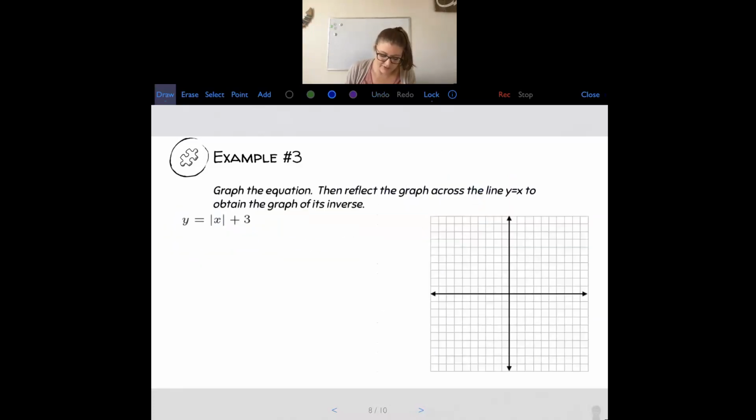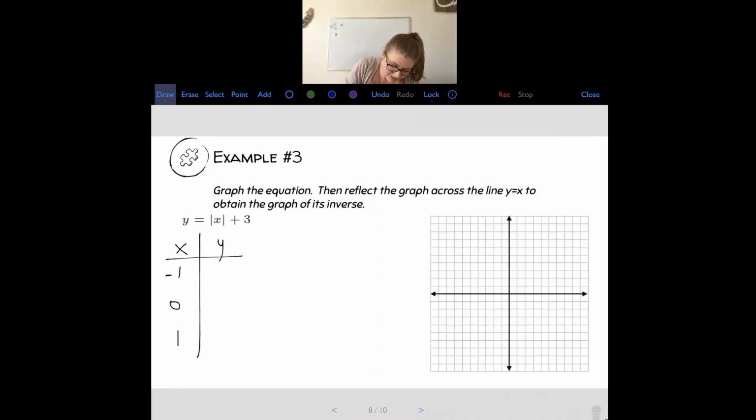Given the equation, reflect the graph across the line y = x to obtain the graph of its inverse. We have y = |x| + 3. There are a couple different ways you can graph this. A few lessons back, we talked about function transformations. We can start with the graph of y = |x| and then move it up 3. This is a vertical shift going up 3. The other thing you can do is make a table of values. I would say 3 is typically safe.